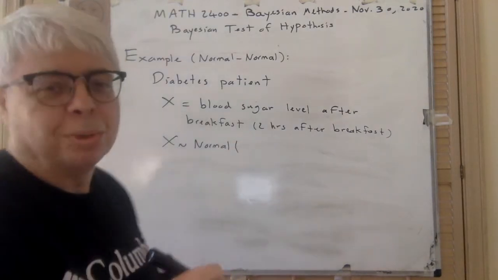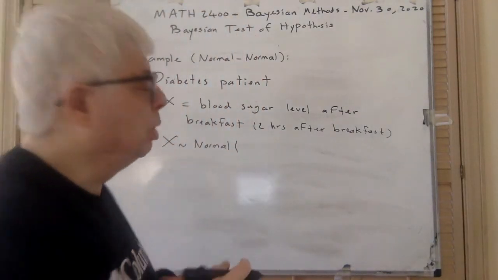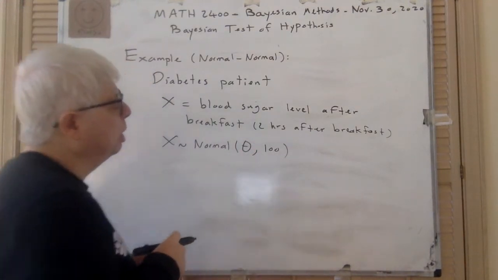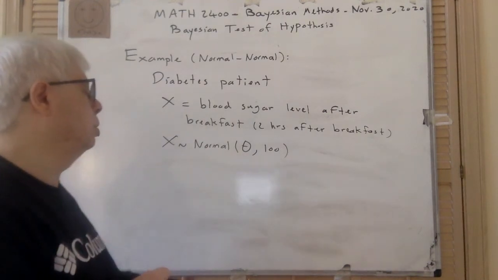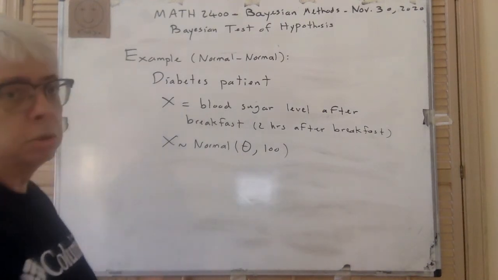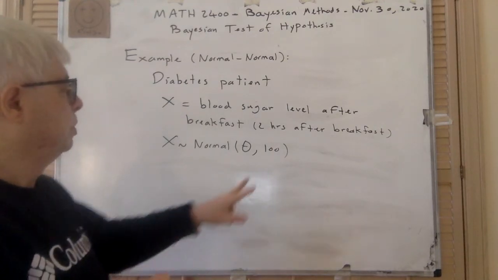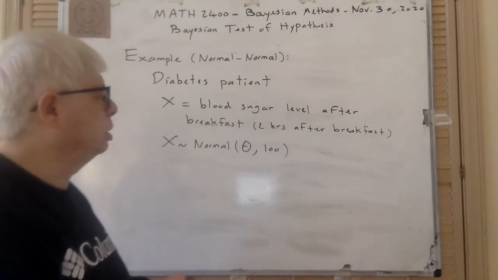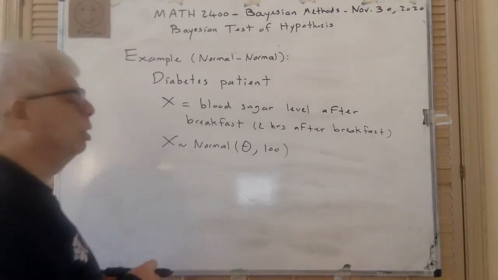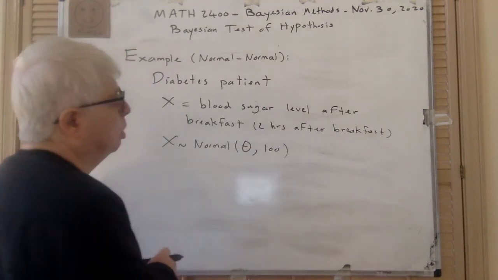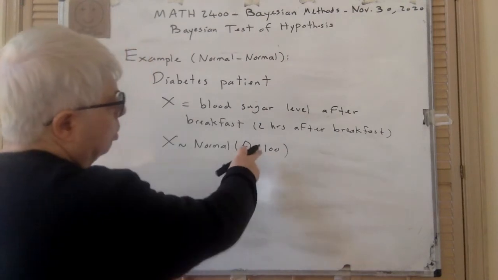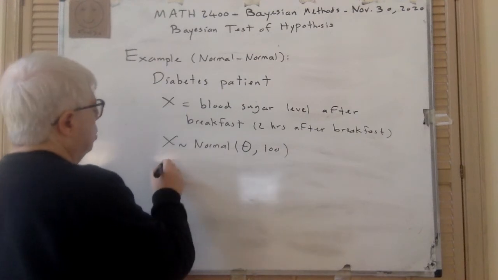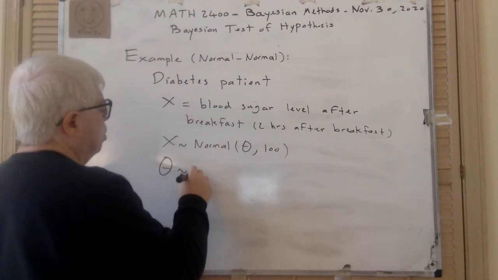Well, this doesn't mean it is normal, but let's say it is normal with some theta and 100 as sigma squared. Now this makes sense, because I know that this is some number which is around 100 itself. And this being 100, it means that sigma is 10. So it's not that wrong, it makes sense for this one to be 100, because then sigma is the square root of this, that is 10. And this one is 100, so we assume that theta is also normal.